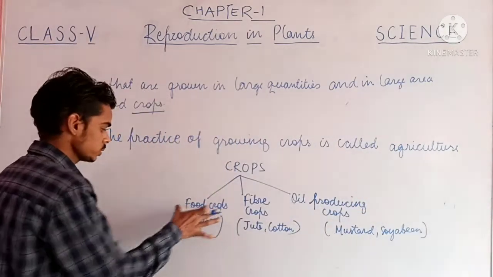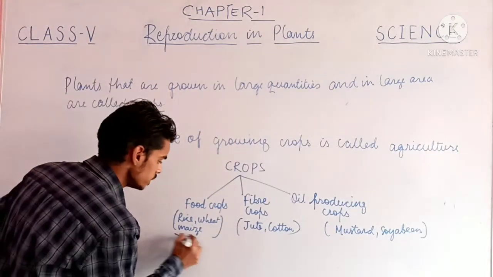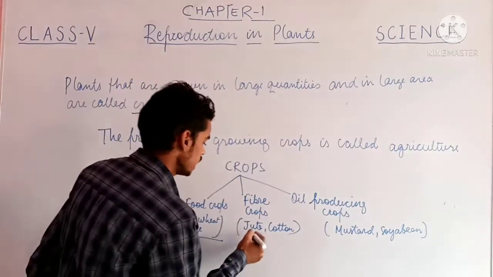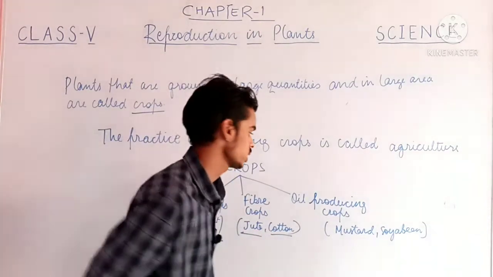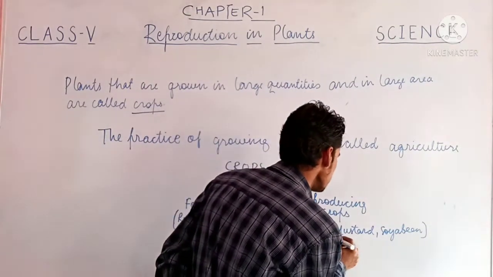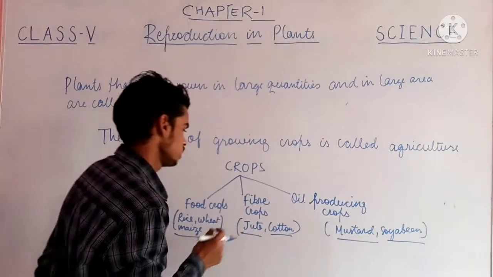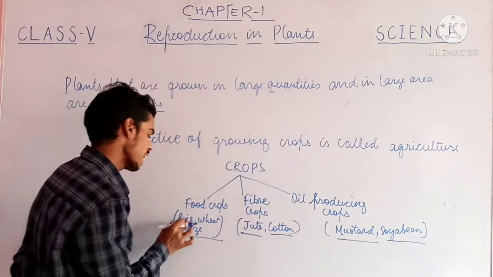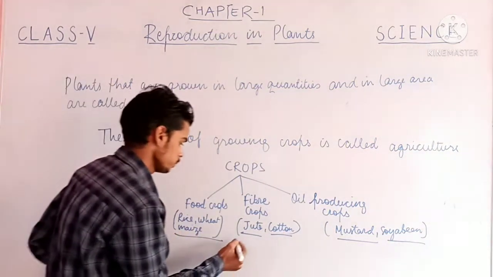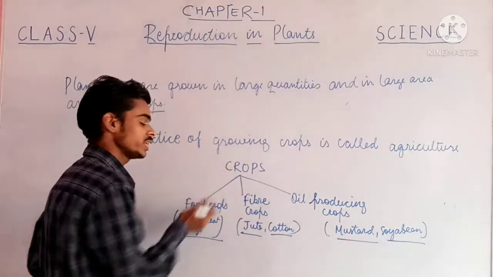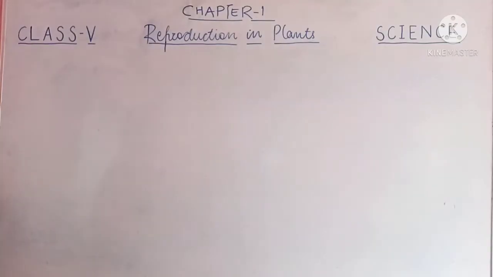So food crops give food to eat, fiber crops help in fiber production, and oil producing crops help in production of oil. These are examples of different types of crops.